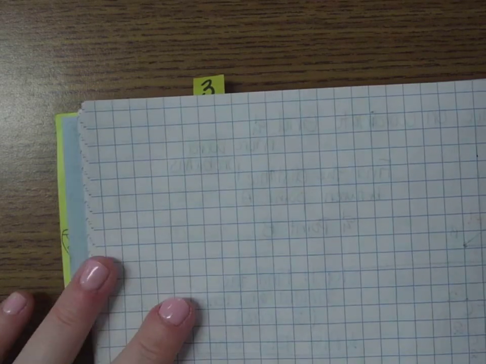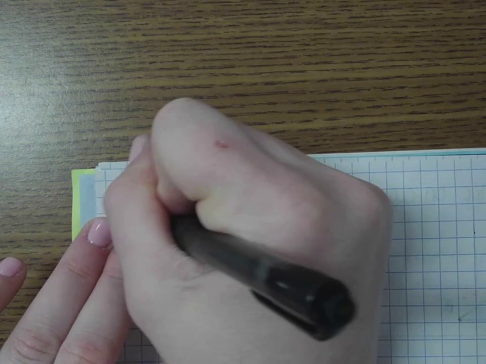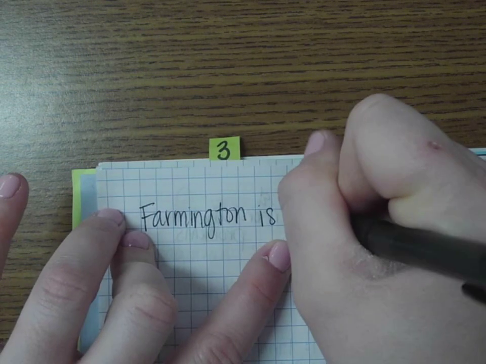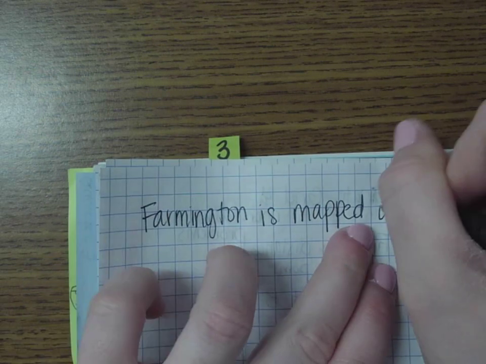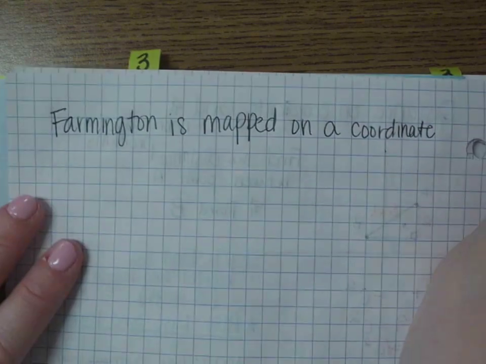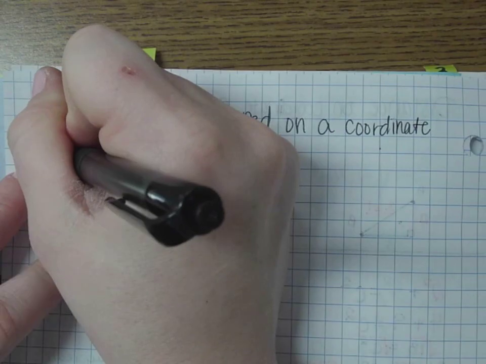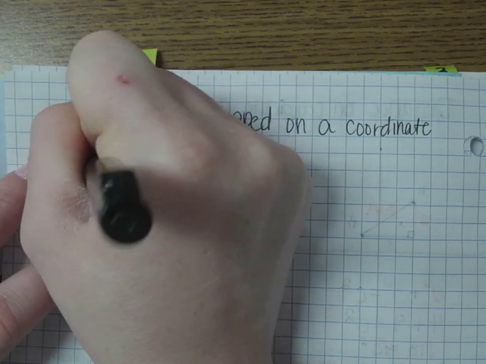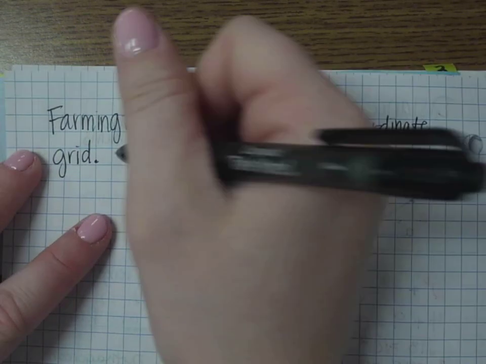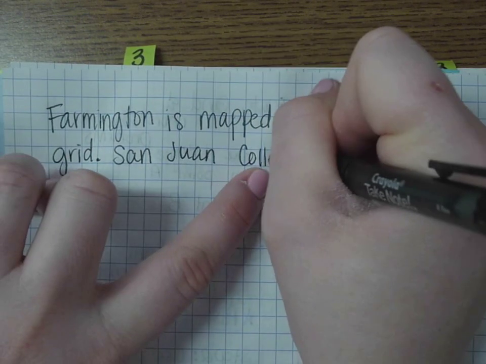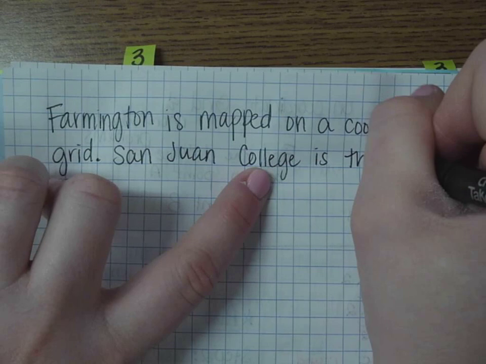Okay, we're going to do one more example. I should have written this out already, sorry. So Farmington is mapped on a coordinate grid. They could also just say grid. San Juan College is the origin.